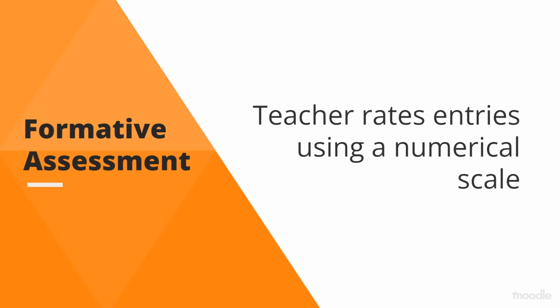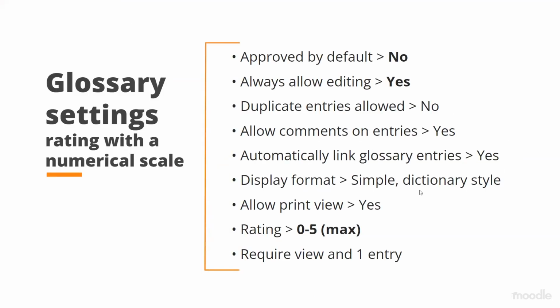Let's take one thing at a time and get started with a formative assessment where the teacher needs to rate learners' entries using a simple numerical scale. The example that we will see requires the teacher to approve learners' entries, and learners can always edit their entries to improve them after the teacher's feedback or their peers' comments.